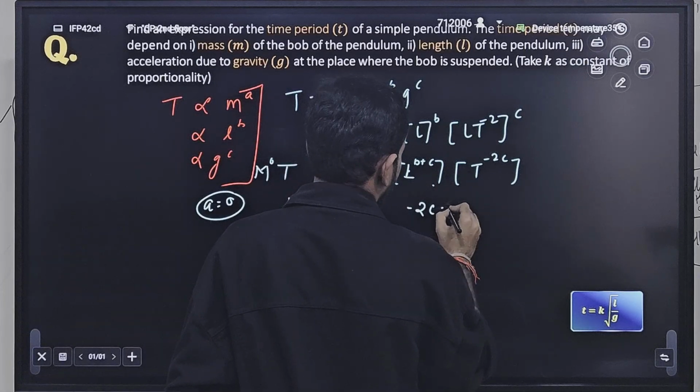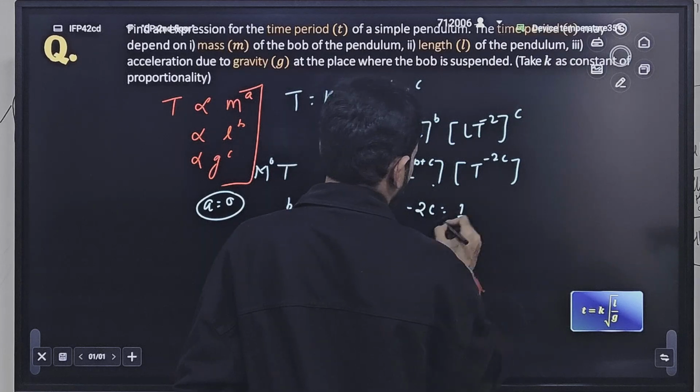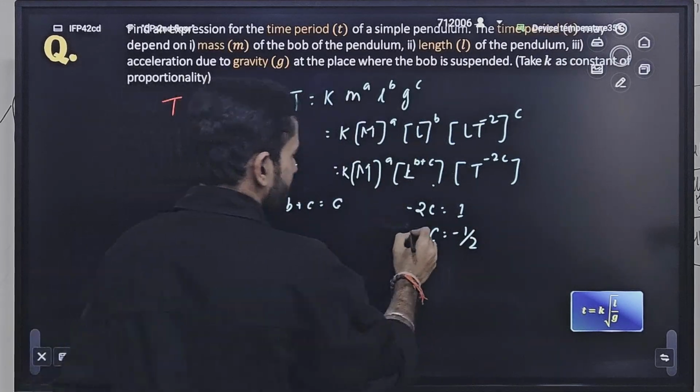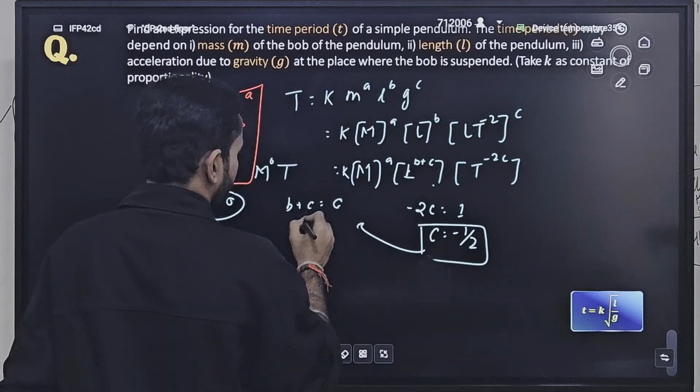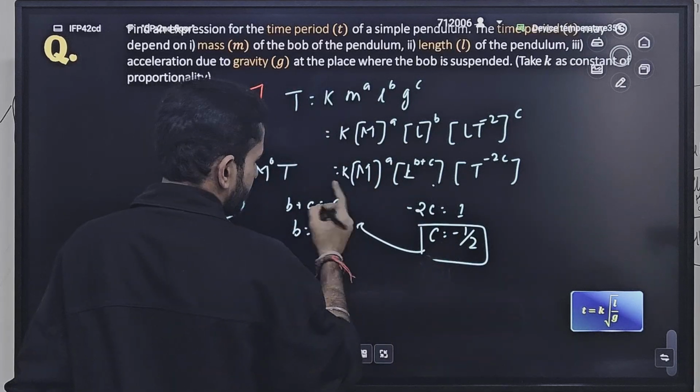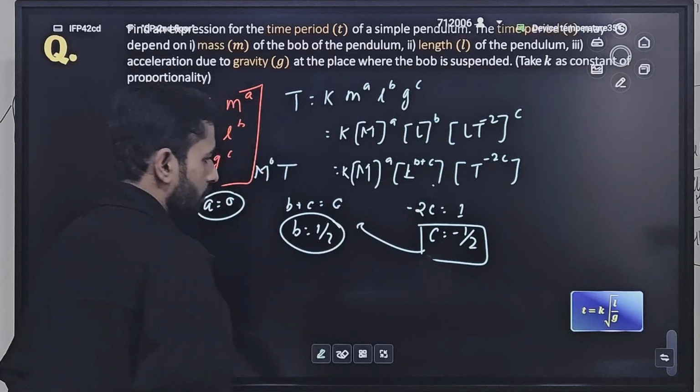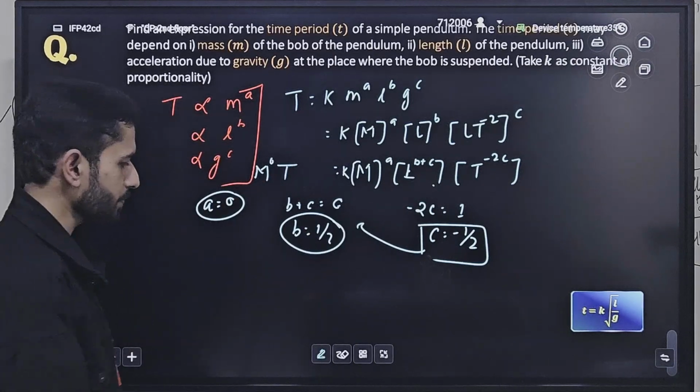Now come to the third one. Minus 2c is equal to 1, that means c can be written as minus half. If c is equal to minus half, then what you can say about b? b is equal to minus c, it will go to the right side, then it will be plus 1 by 2. Clear?